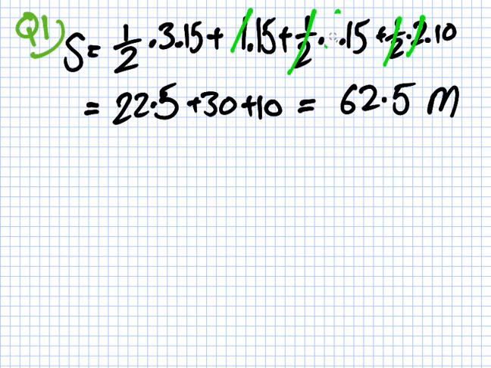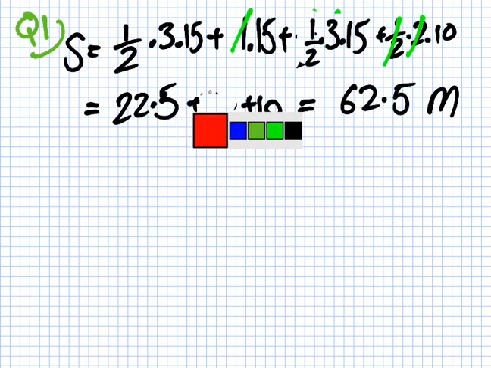Maybe the third one is a half multiplied by 3 multiplied by 15. Or maybe it's multiplied 3? It looks like 2, a half 2 by 10. And this one is a half 3. Oh, it's the same thing. Ah, this is a 3. Sorry, that's a half, and that's 3.